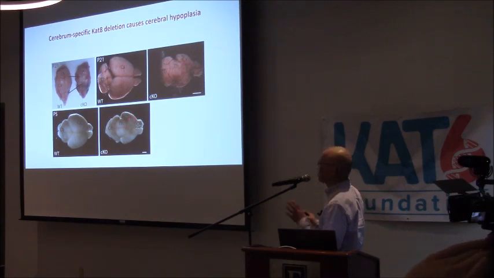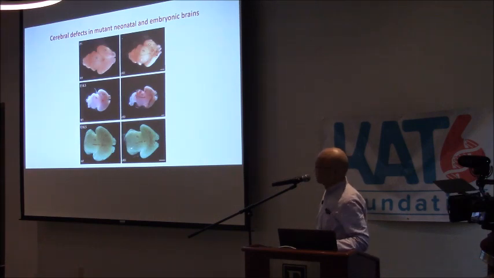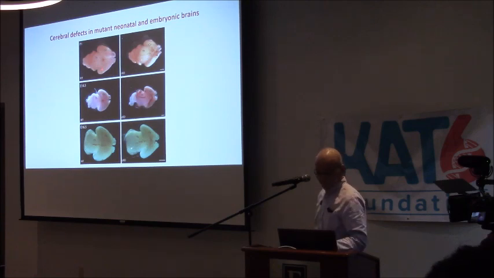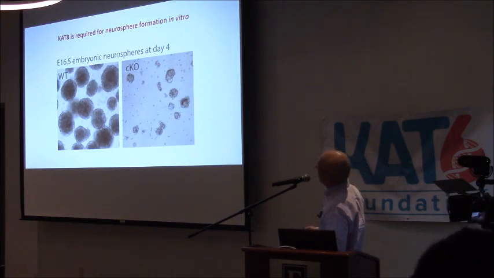It is almost totally missing. And this is a different stage, and I think at 16.5 you see some, but later you see major defects. This is the neural stem cell neurosphere, wild type, and this is from the knockout.